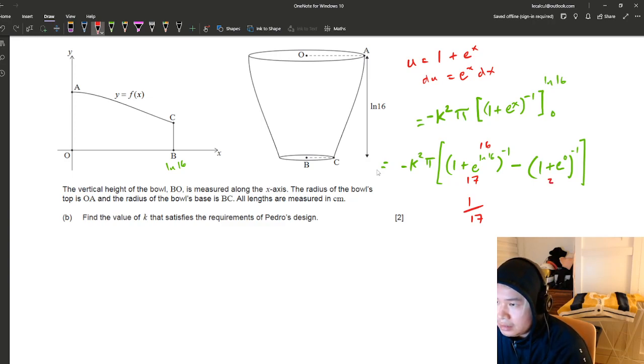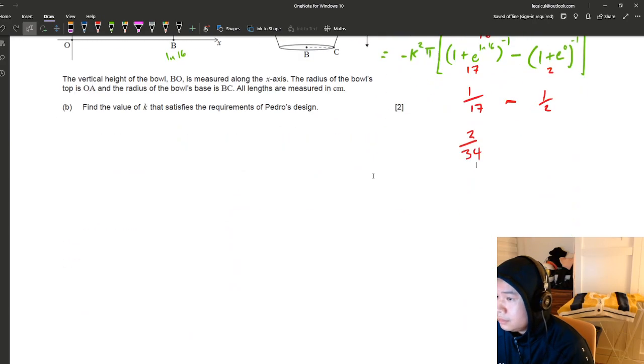And then this is 2, which is 1 over 2. We're going to subtract these. So this is 2 over 34. And then this is 17 over 34. So this is negative 15 over 34.